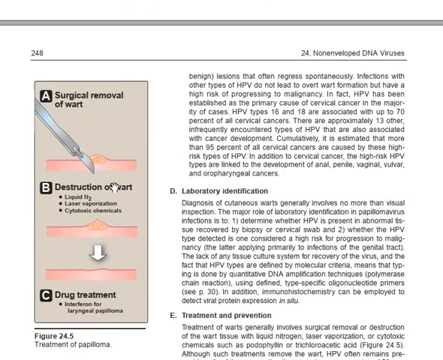So now, what is the treatment of the wart? For the treatment of the wart, you can use surgical removal with a knife or a surgical blade. Is it clear? You can also have destruction of the wart. The destruction of the wart can be done by cytotoxic products such as liquid nitrogen. It can also be done with laser vaporization, or with cytotoxic chemicals.